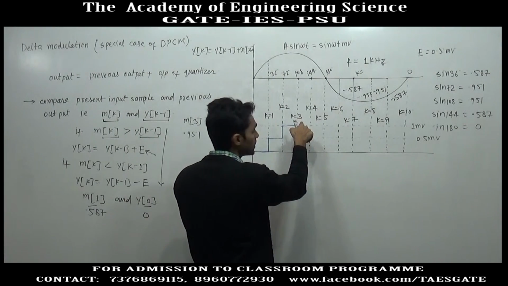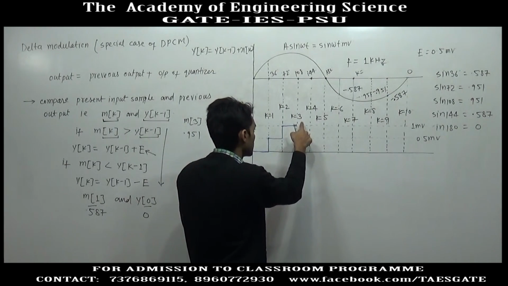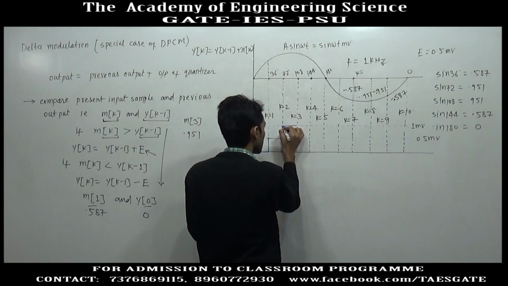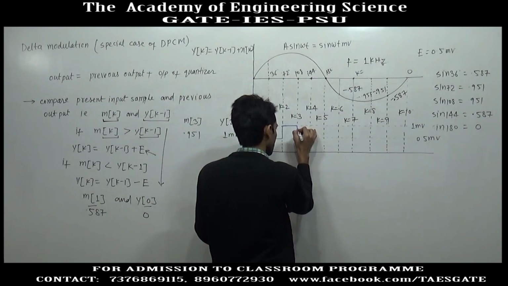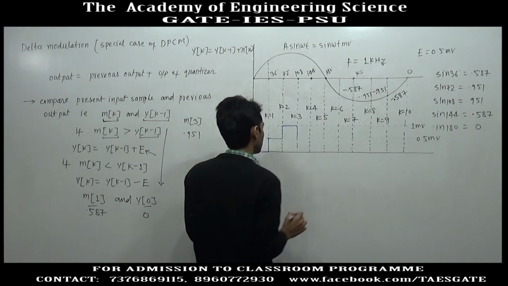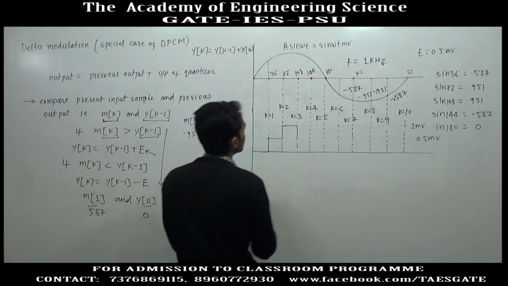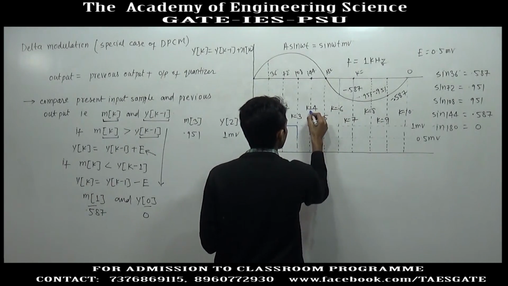So from k equal to 2 to k equal to 3, the output will be constant, and here we will subtract 0.5 millivolt.